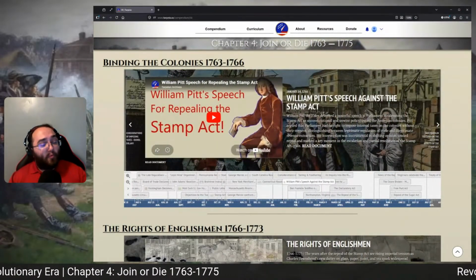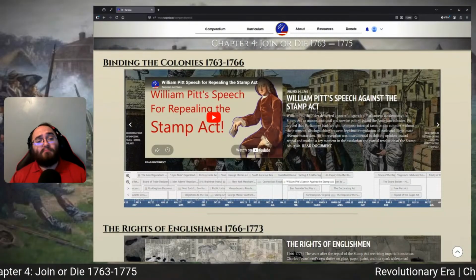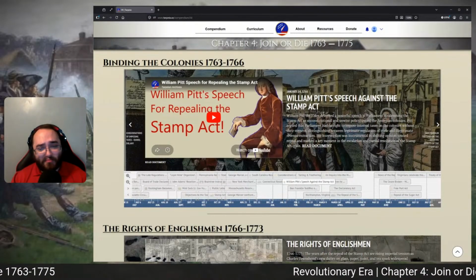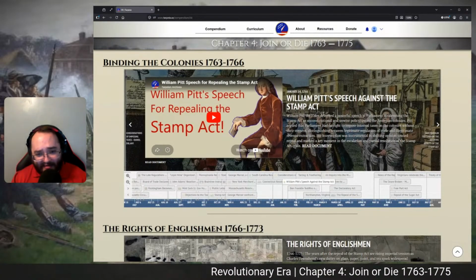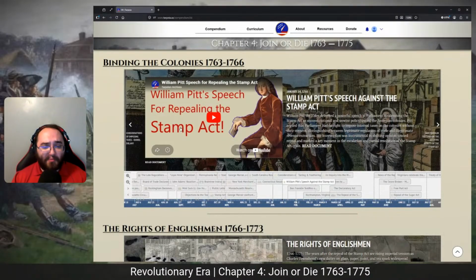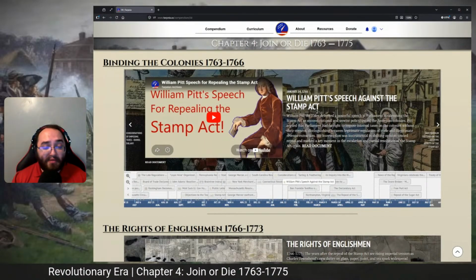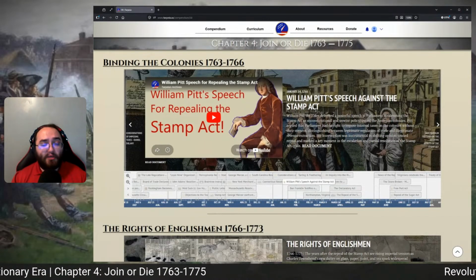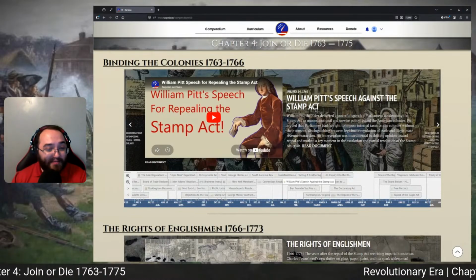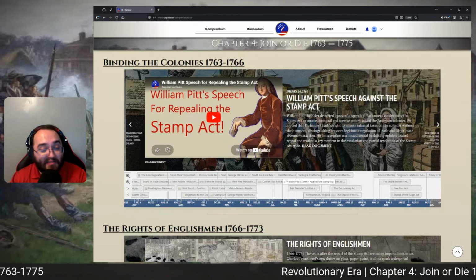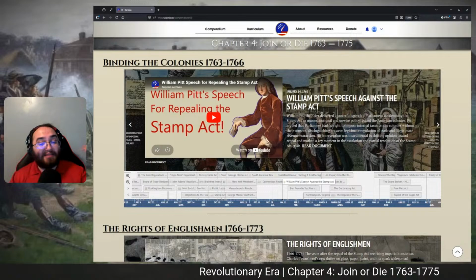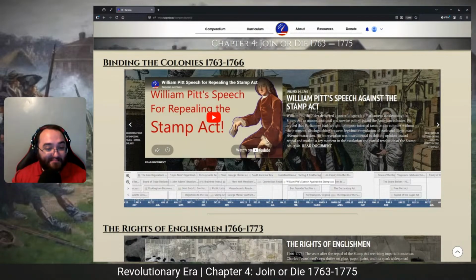Like I said before, Parliament is not 100% on board with the Stamp Act. And so here's a primary source by William Pitt. He gives a speech against the Stamp Act in favor of repealing it. So the Stamp Act hasn't even gone into effect yet.